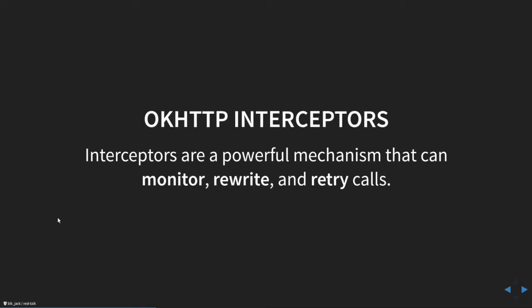The whole point of this talk is that we're going to be using hard-coded JSON assets in our app instead of network requests. So we're not going to deal with a backend. We don't necessarily even have an API. Probably don't have an API. We're just going to be using OkHttp with Retrofit, and then we're going to be creating an interceptor that will, as the definition says, be a powerful mechanism that can monitor, rewrite, and retry calls.